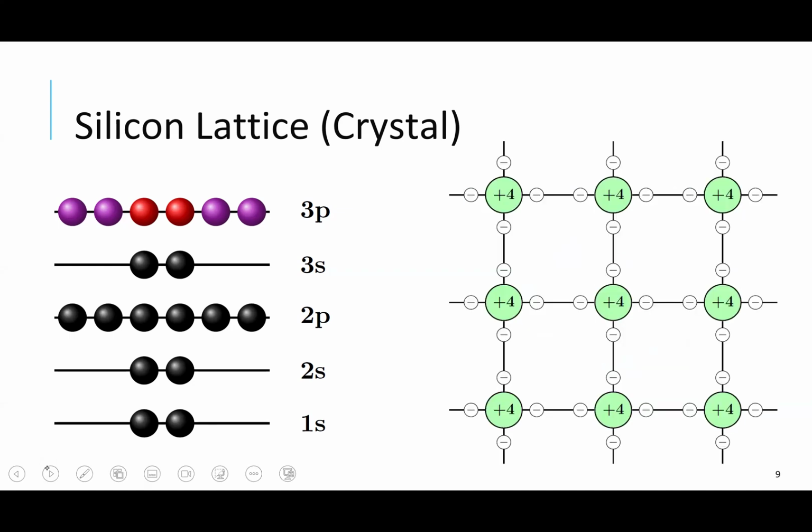So I would go ahead and just draw it like this. What we've done is we've taken the 3D lattice and reduced it down to a 2-dimensional lattice. And this is showing, again, the covalent bonds between the different atoms and how they're sharing electrons. So this is what we can imagine a lattice looks like for a silicon molecule, for all intents and purposes.